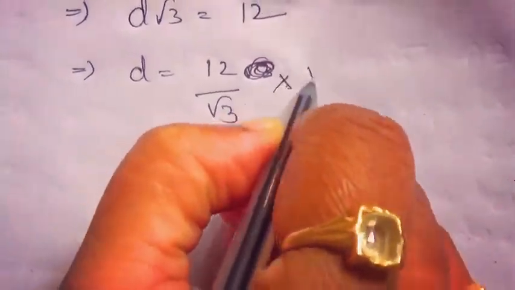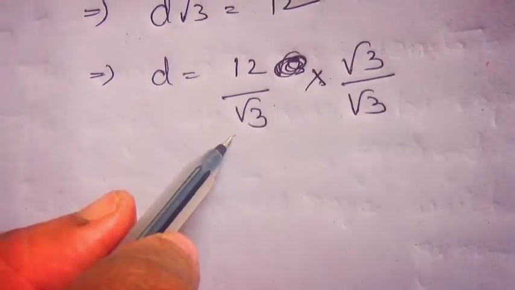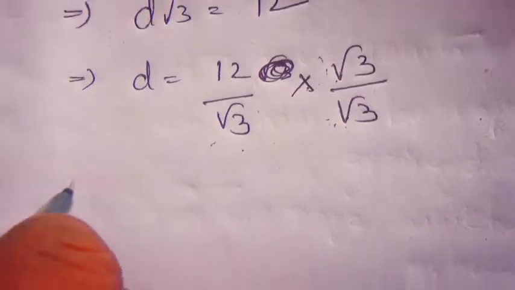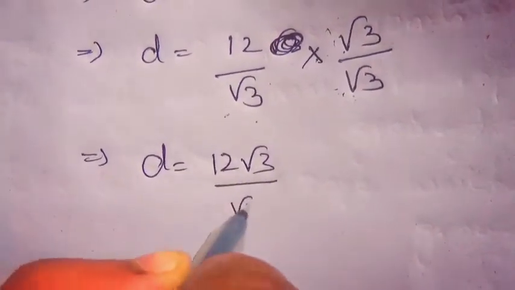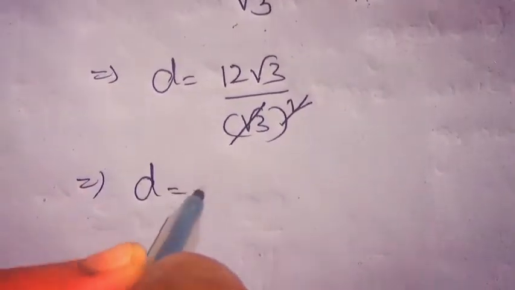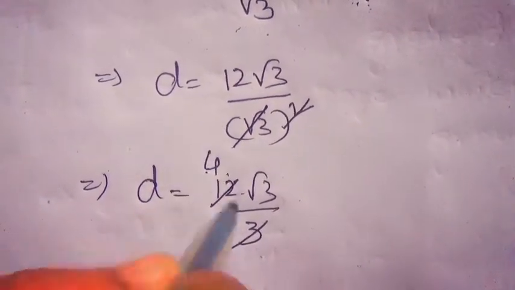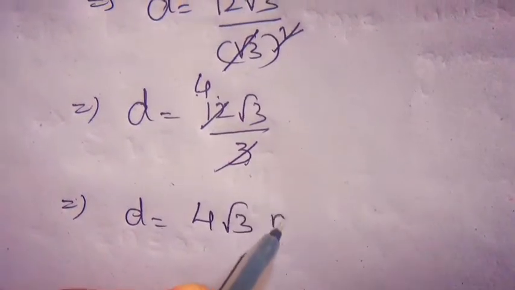Okay, by rationalization, in the denominator there is root 3, no? Hence I am taking rationalization for both the numerator and denominator. That implies d is equal to 12 root 3 by root 3 whole square. Square root cancelled. That is equal to d is equal to 12 root 3 by 3. 12 is cancelled, 4 times in the 3 table. d is equal to 4 root 3 meters.